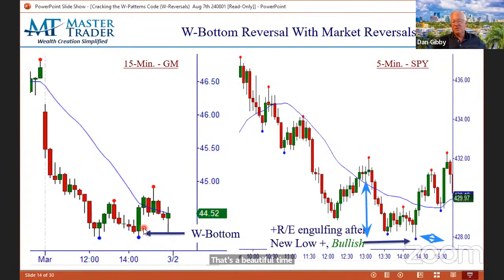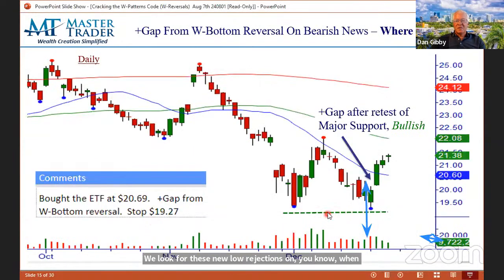There's my double bottom on General Motors. This one's sloppier, but it's the same concept. Big momentum move down. This was an ETF, went up. So where to enter? I like to keep emphasizing this because of red bar, green bar, green bar.